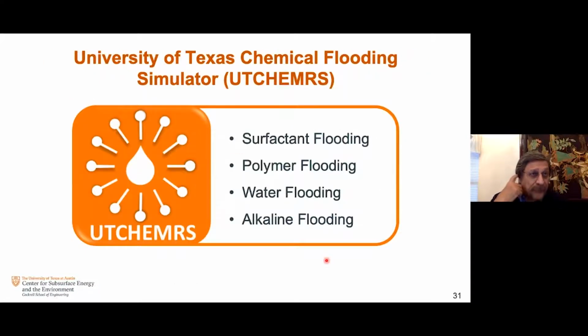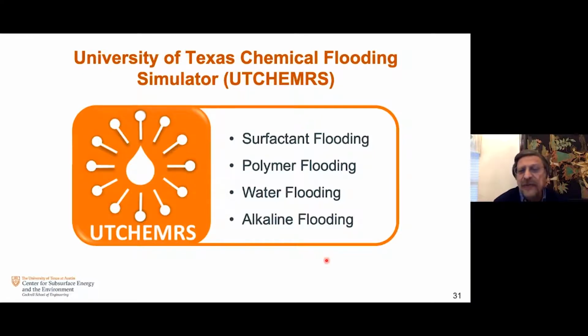Now, one of the very famous simulators that has been under development at UT is called UTChem, the University of Texas Chemical Flooding Simulator. A variant of that simulator is UTChem RS, which has more field-type capabilities in it. The simulators, either UTChem or UTChem RS, are used for surfactant flooding and polymer flooding.